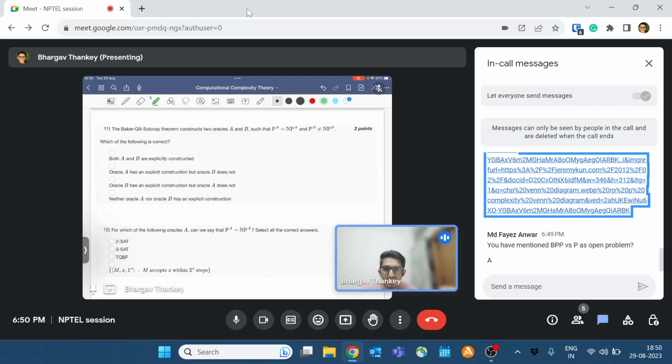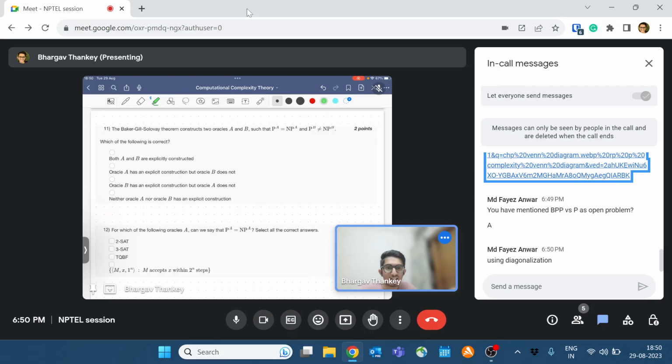Do you remember how B was constructed? It was constructed using diagonalization, in stages. But at the end of the procedure, did we ever get an explicit description of B? We didn't get an explicit description of B, right?